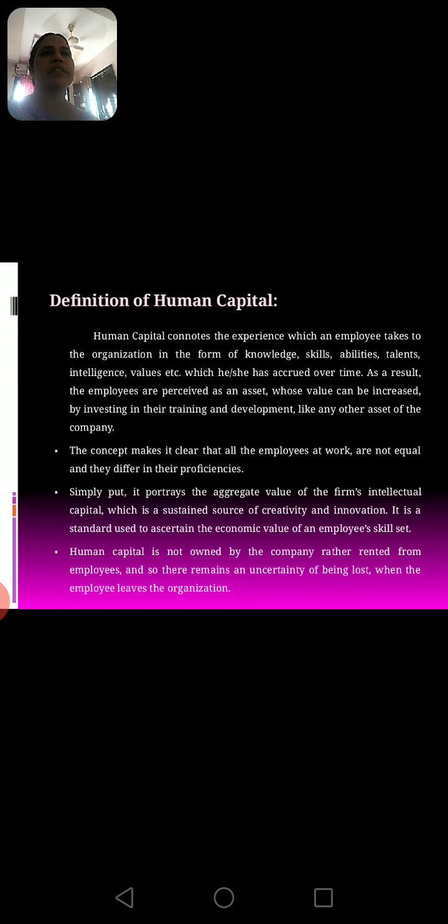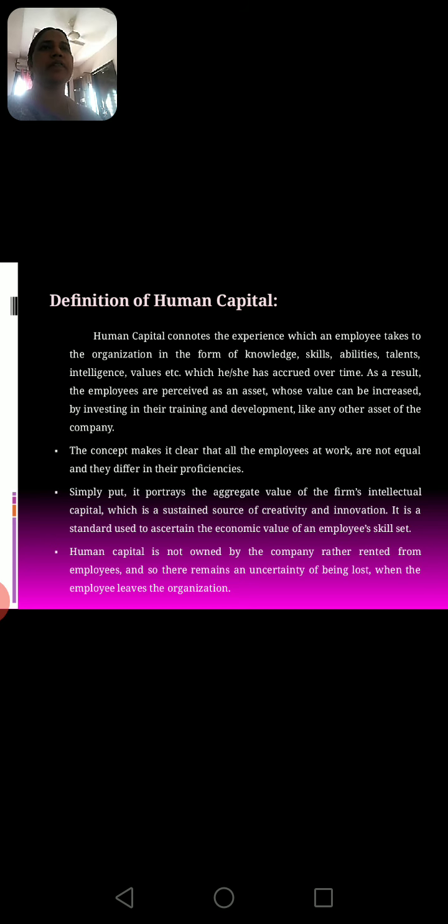The concept makes it clear that all the employees at work are not equal and they differ in their proficiencies. We know how many differences there are in our midst. Some have good knowledge, good skills, valuable abilities, and are talented persons with intelligence.